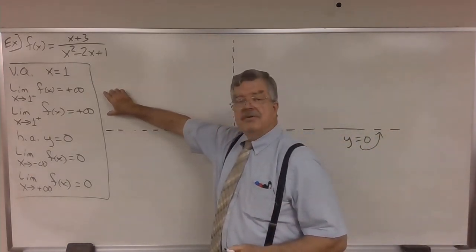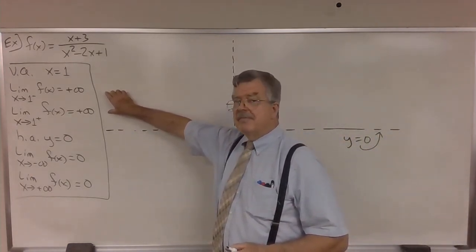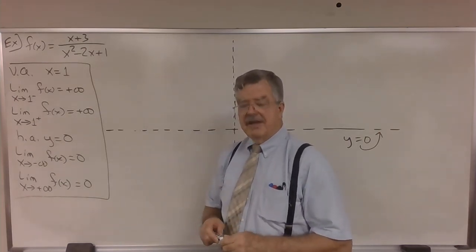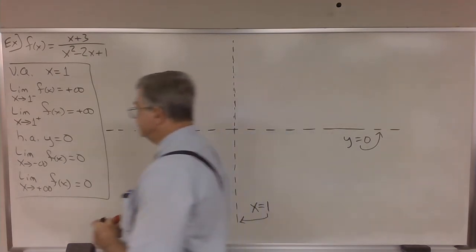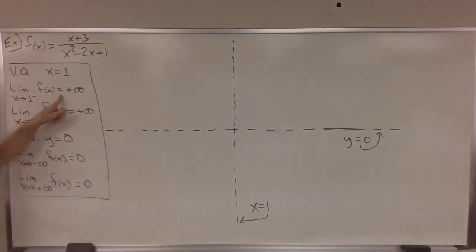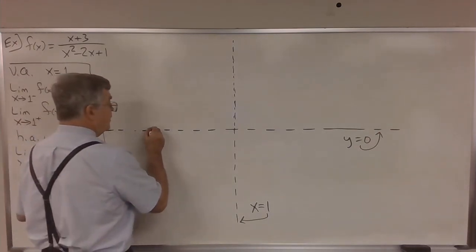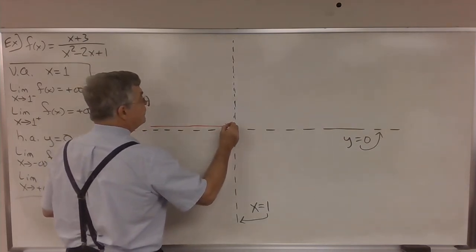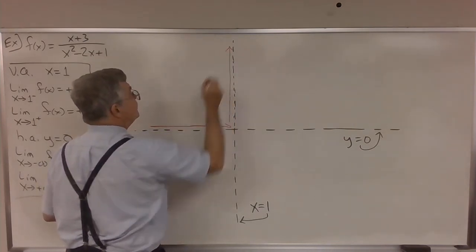And we are going to use the information that we got from our limits to tell us how to sketch this graph. First, we'll look at this limit. This tells us that as x approaches 1 from the left, f of x, the y value, goes to infinity. So here's x approaching 1 from the left, and here's f of x, the y value, going to infinity.